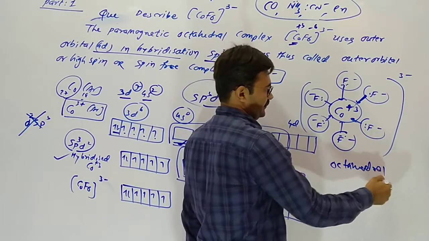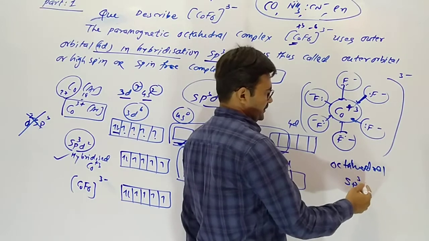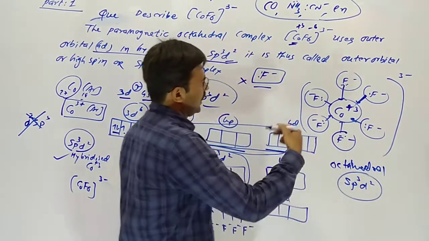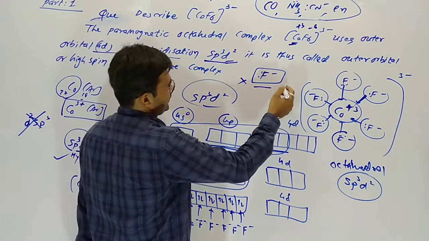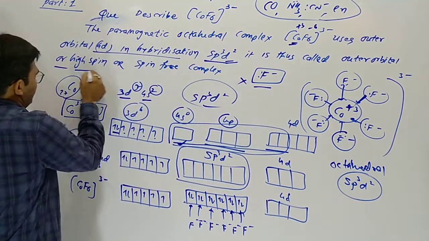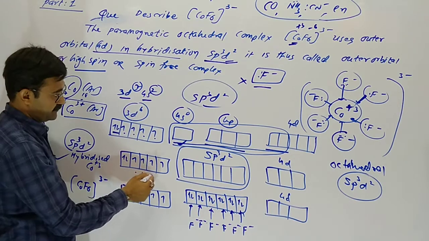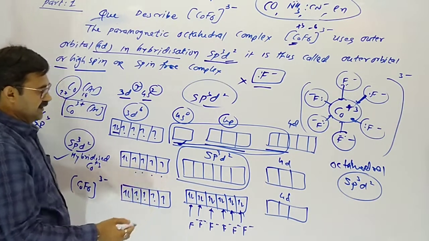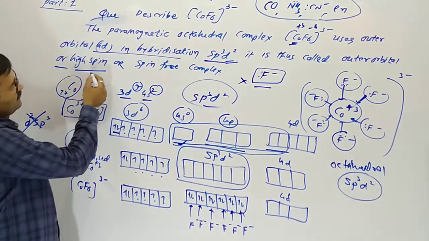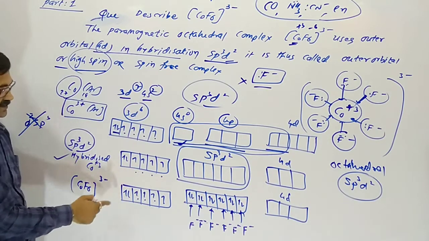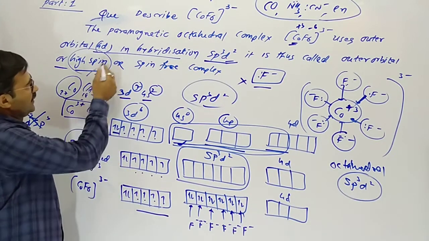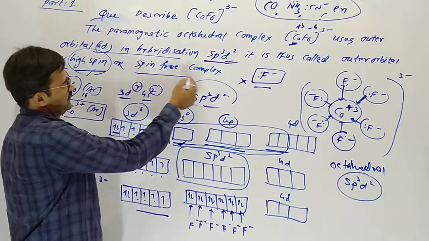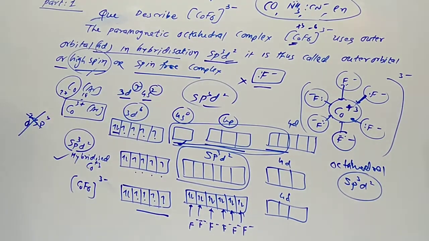You can see the hybridization is sp3d2. The outermost 4d is used here, not 3d, so it is an outer orbital or high spin complex. Why? 4 are unpaired electrons. Whenever there are more single, unpaired electrons, we call it a high spin or spin free complex.